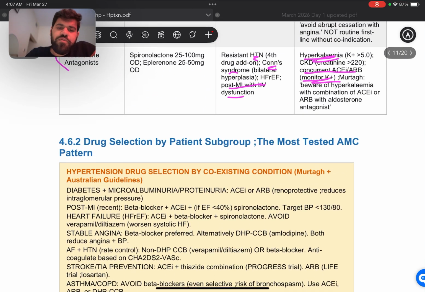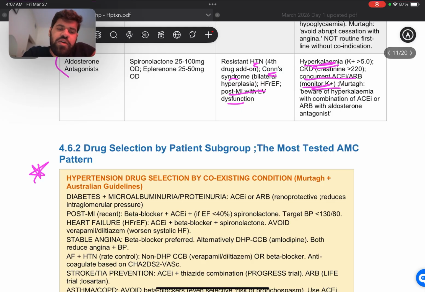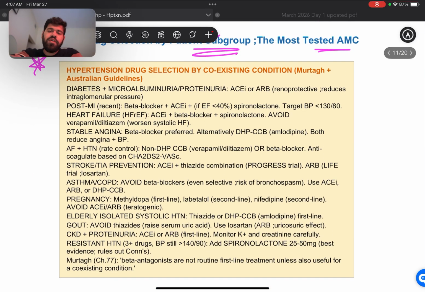Now this is a very important table because it tells us the different patient subgroups and the most tested pattern for the drugs that we have to select. Diabetes plus microalbuminuria, renal related: ACE inhibitors or ARB always, because of their renal protective effect. If it's post-MI, as we checked above, we give beta blockers, ACE inhibitors, and spironolactone.